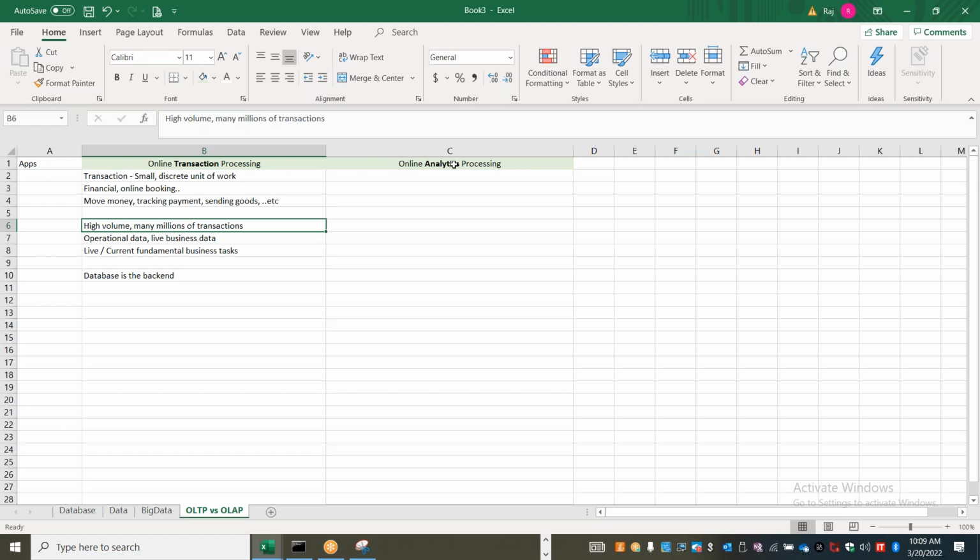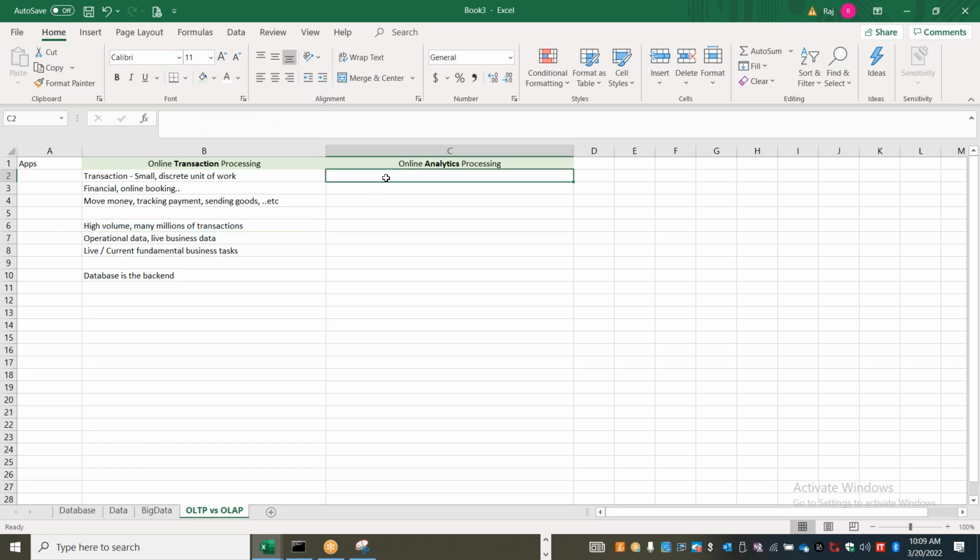Only after people have completed the transaction can we take a decision where exactly we should have a good amount of funding, which ATM should have a lot of funding, or which region we should have more trains, or which region is highly demanding. So based on the historical information, this analytical system will help you get a big picture view of the business, and it will help you take decisions.